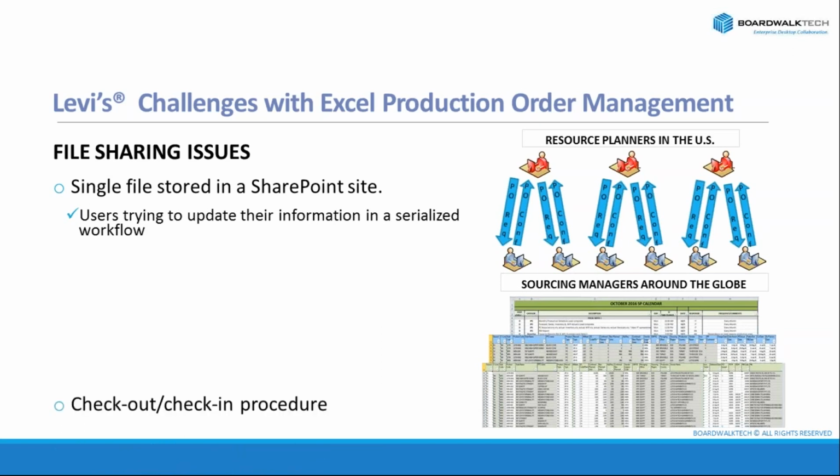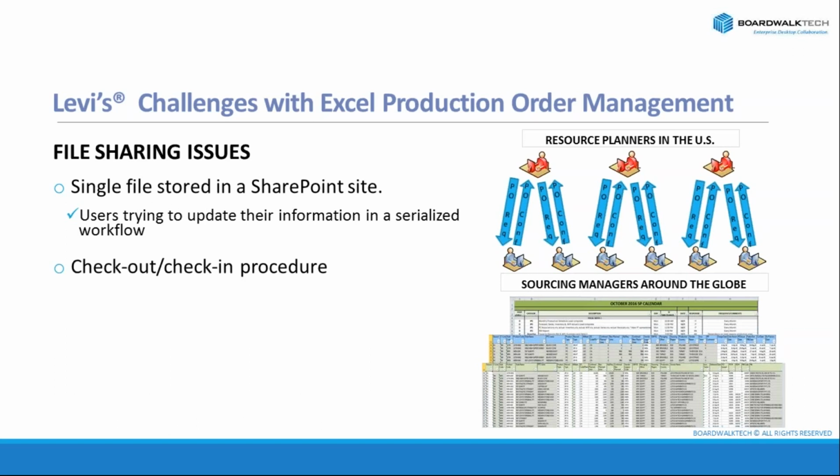So to control the collaboration process, the business adopted a procedure where the first person who could get the file and wanted to update their slice of data would then check out that file so that their data would not get lost. And then after finishing his or her updates, the person would then check in to release the file for the next person.